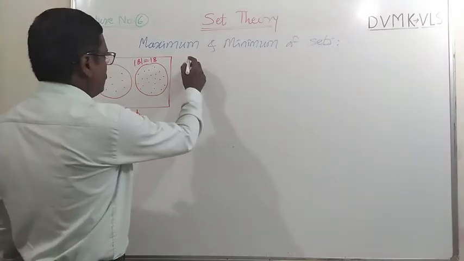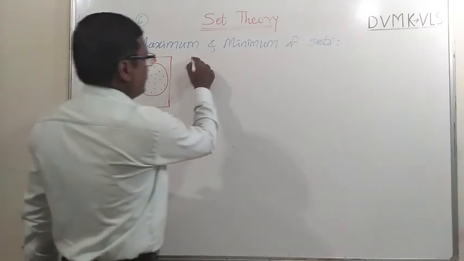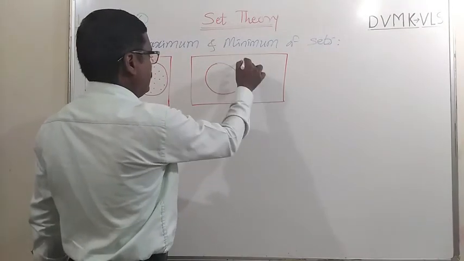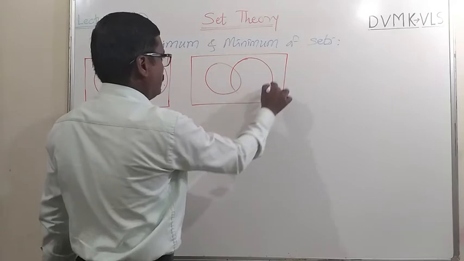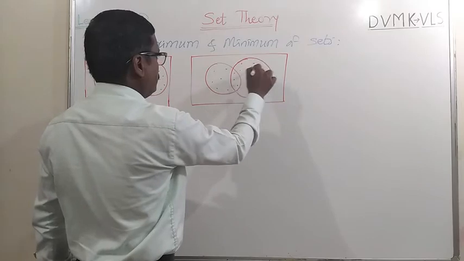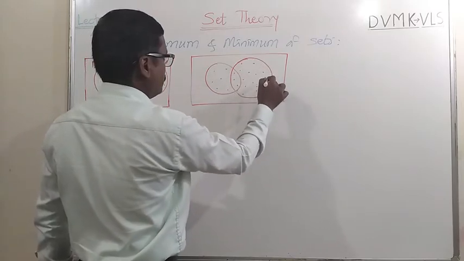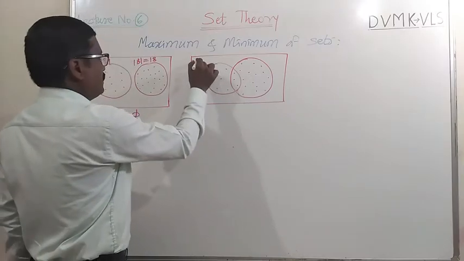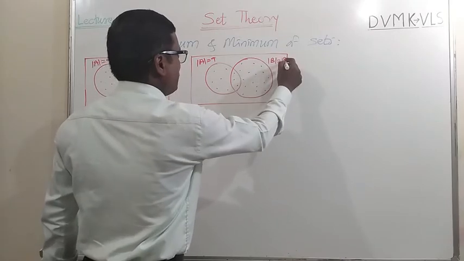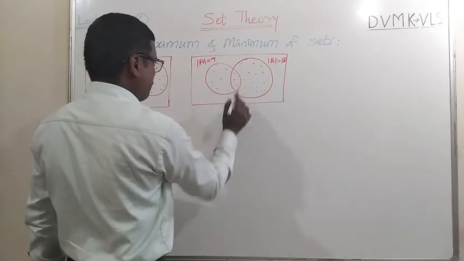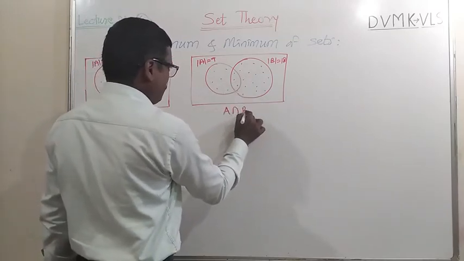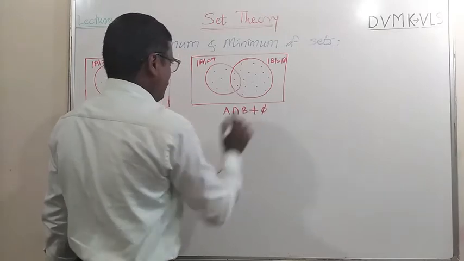Okay, let us see the second figure. After that we will calculate the remaining. In the second case, there are some common elements between these two sets A and B. Say the number of elements in A is equal to 9 and the number of elements in B is equal to 18, but here something is common between these two sets, meaning A intersection B is not equal to the empty set.